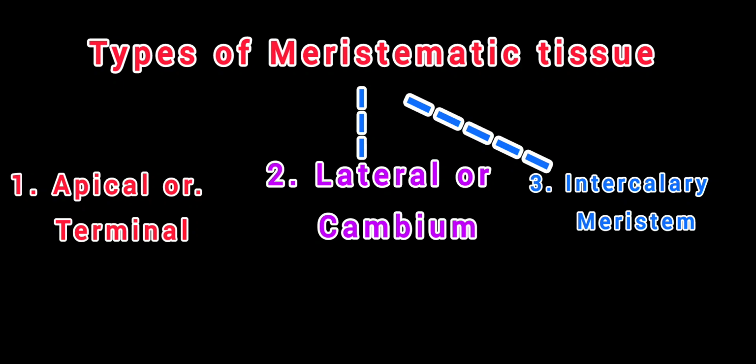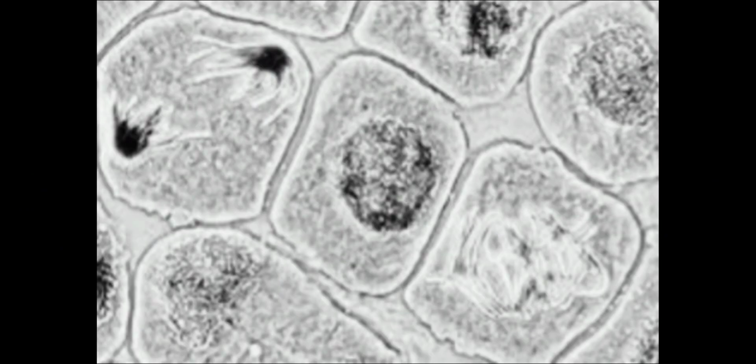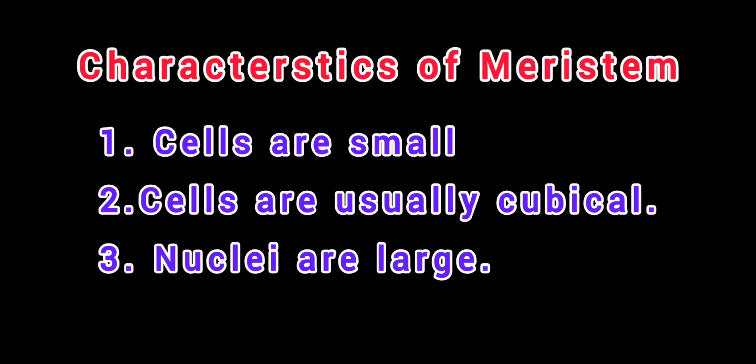These meristems are left between the permanent tissues, so they are called the intercalary meristems. Next, let us try to understand the chief characteristics of the meristematic tissue.